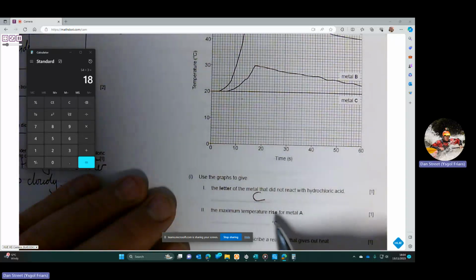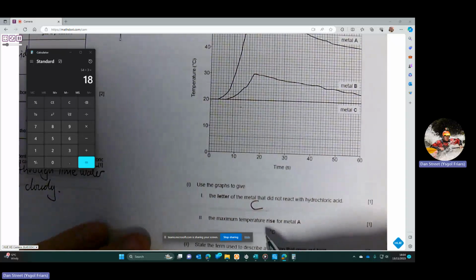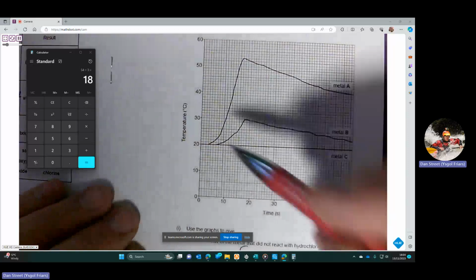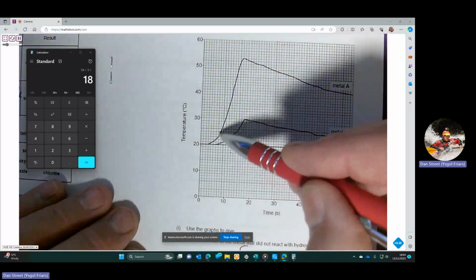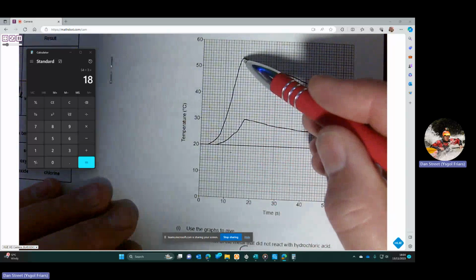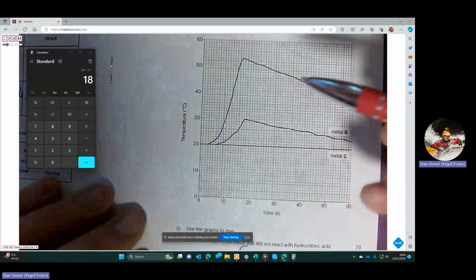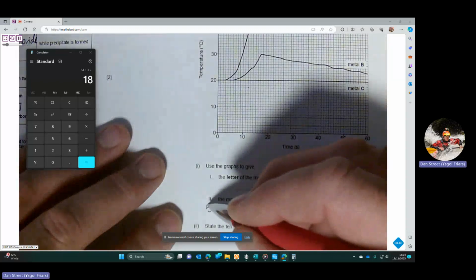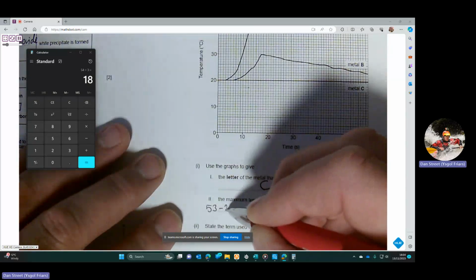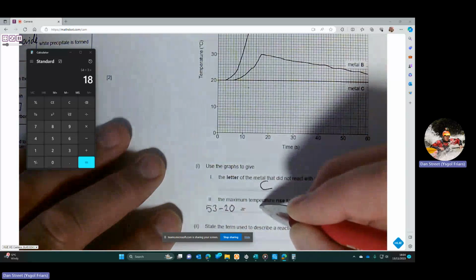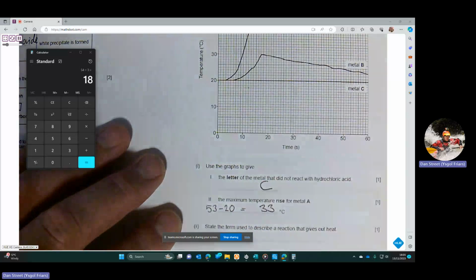The maximum temperature rise for metal A. Now here you need to be careful to quote the temperature rise, not the actual temperature. So it starts at 20 and it rises to, I think, 51, 2, 3, so 53. So 53, take away 20, gives us 33 degrees Celsius.